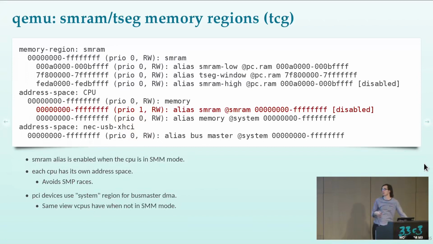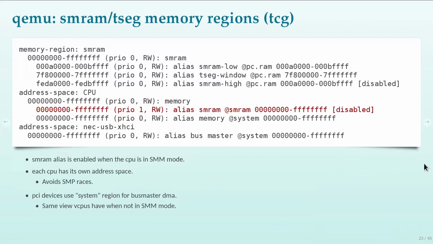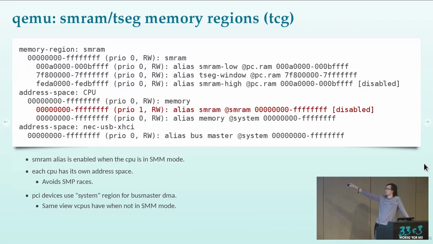So you can't try to bring one virtual CPU into system management mode and try to trick the system to get access to those memory regions with the help of another CPU. It doesn't work because each CPU has its own private view, and it is enabled or disabled for each CPU individually.